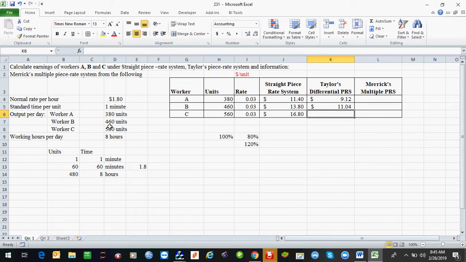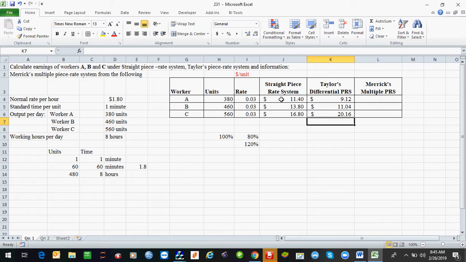Then C produced 560, far more than the normal 480, so will be paid at 120%. The formula is 560 times 3 cents times 1.2, which is 120%. So C will get $20.16.